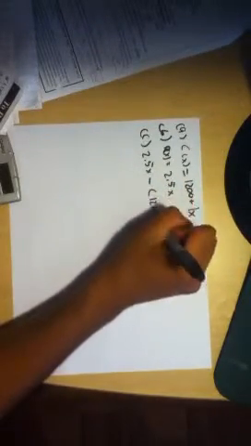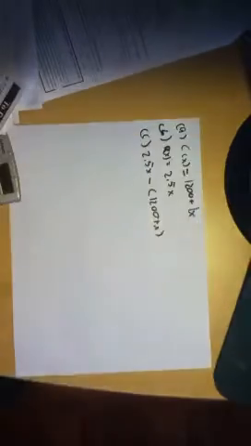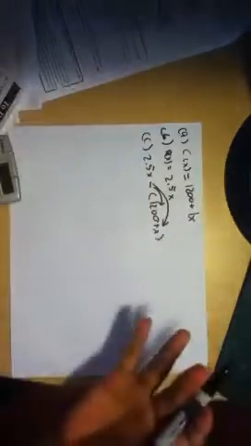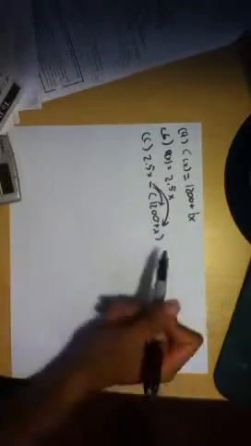Moving on to C, we have to find the profit function. So basically what you do is you take your revenue, which is 2.5x, and subtract the cost function, which would be 1,200 plus x. What's important here is to take the negative sign and distribute it to both the number and the variable inside the parentheses.